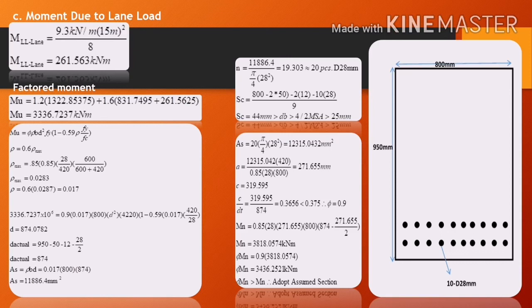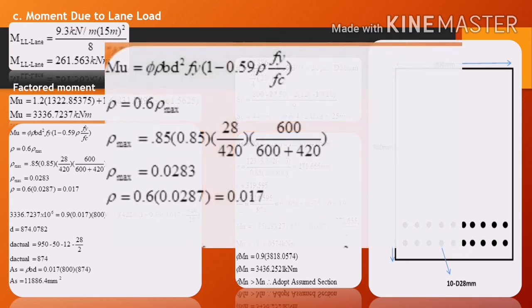After that, we can now solve for the factored moment, which is equal to 3336.7237 kilonewton meter. After solving the factored moment, we can now solve for the rho, which is equal to 0.6 rho max. Rho max now is equal to 0.85 times 0.85 times 28 over 420 times 600 over 600 plus 420, which is equal to 0.0283.